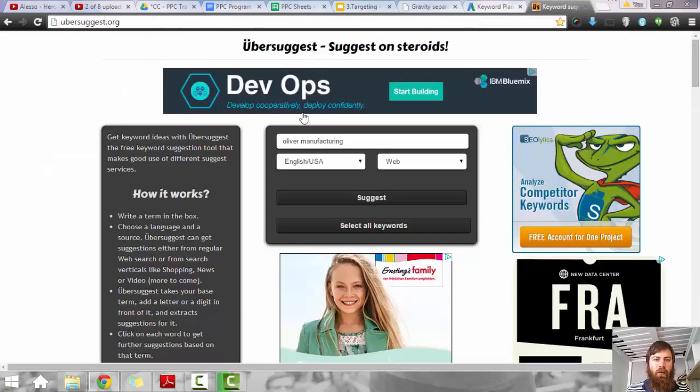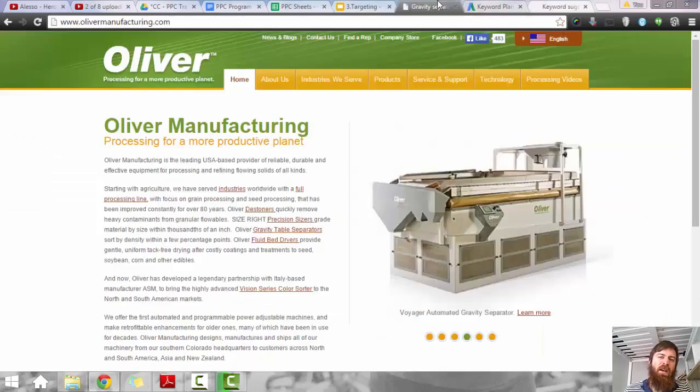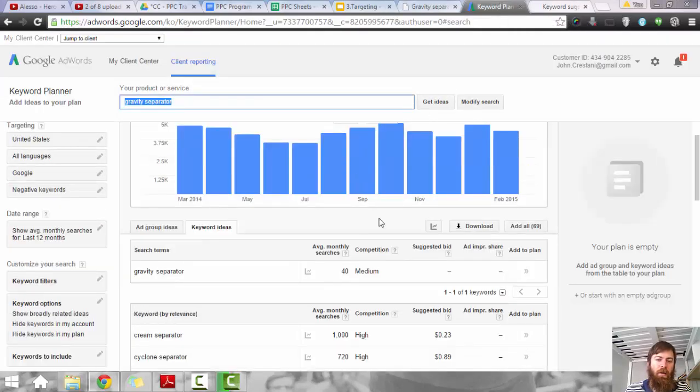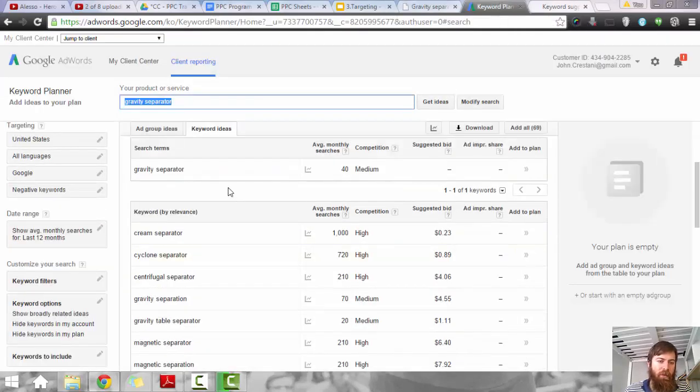And let's throw this in Uber Suggest as well. Keep in mind, there may be a ton of different types of gravity separators. Oliver Manufacturing might only sell, oh my gosh, there's not a lot here.